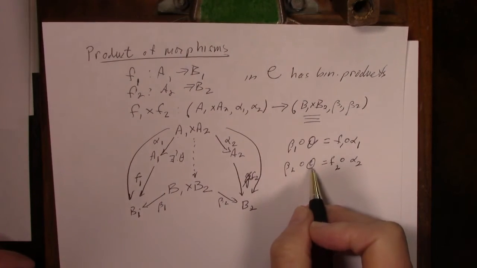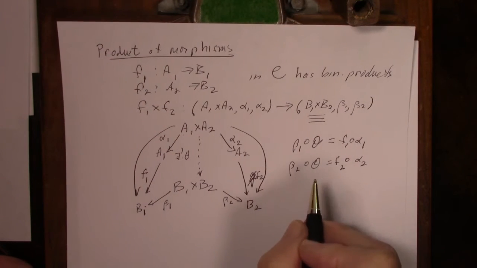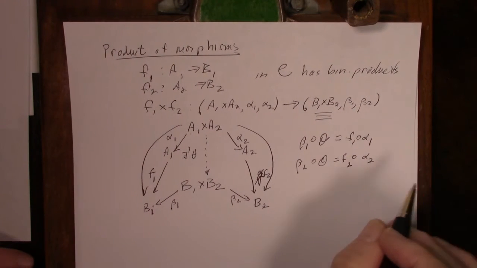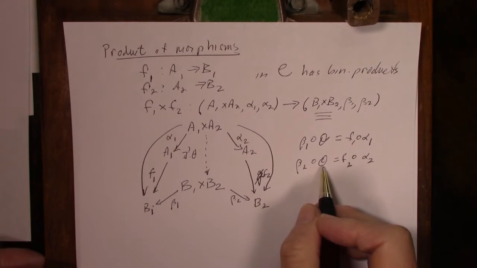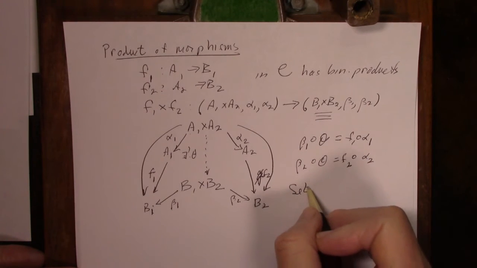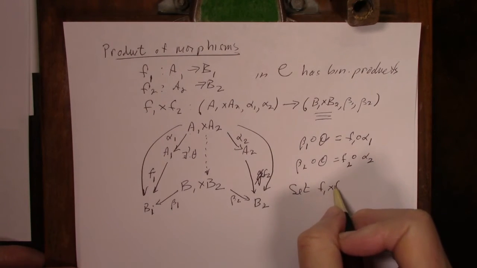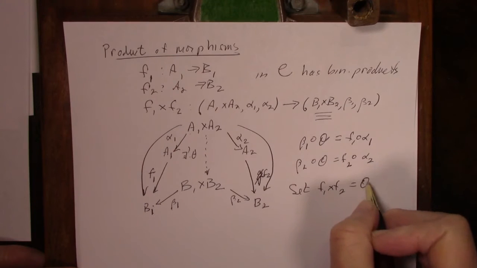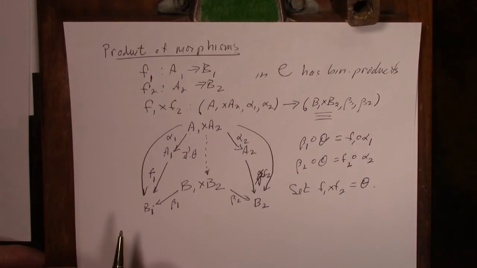And because the mediating morphism is unique, we can define it to be the product F1 cross F2. So set F1 cross F2 equal to theta. Okay?